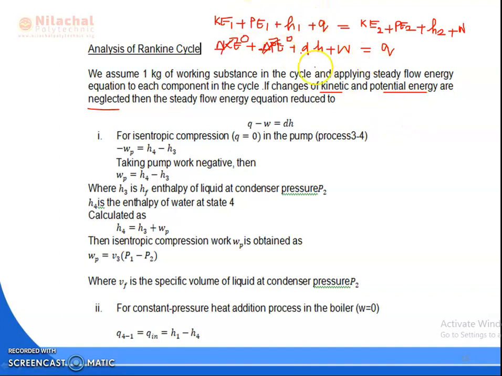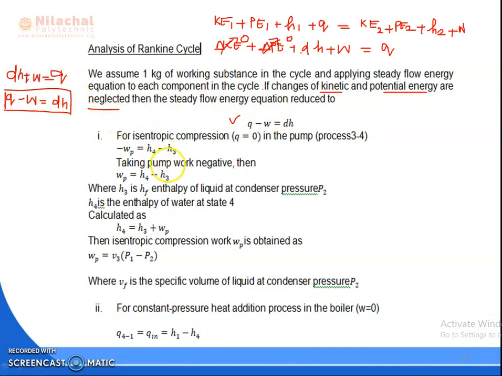Then what is left? The equation reduces to change in enthalpy plus W equal to Q. So Q minus W is equal to the change in enthalpy. That is the steady flow energy equation after neglecting kinetic and potential energy.